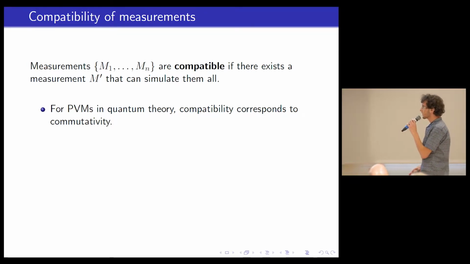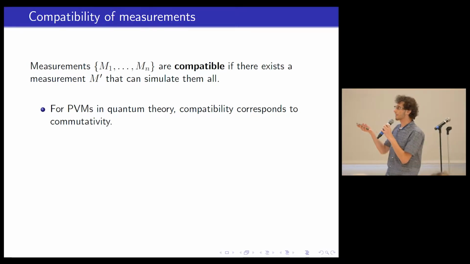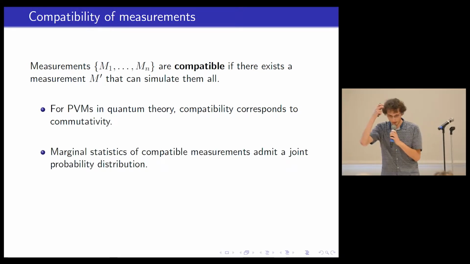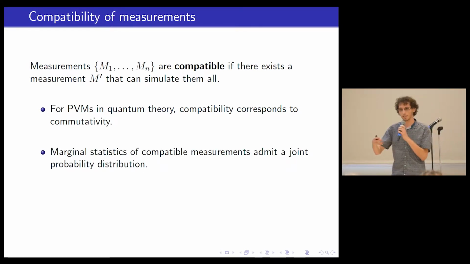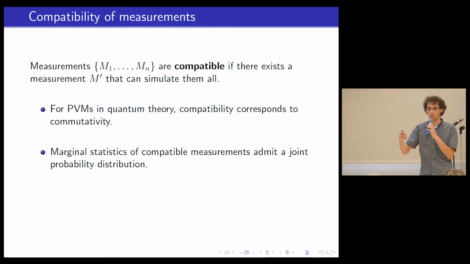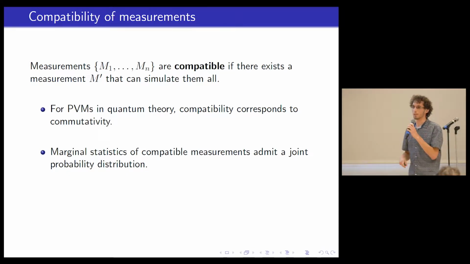And now, there's one important property that I will need for compatible measurements, and that's this one. It is that the marginal statistics of measurements which are compatible will admit some joint probability distribution that then marginalizes to those individual statistics of those compatible measurements.